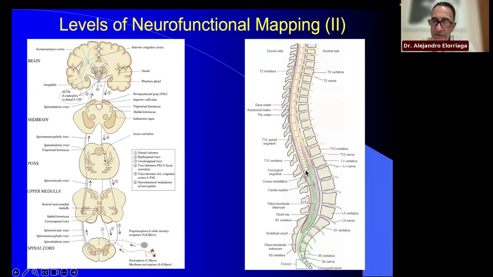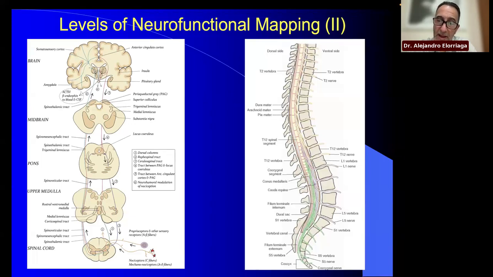So that's an important detail in order to select inputs. This is like the highest real estate on the back, C7 to T3 and T10 to L2, for this reason.